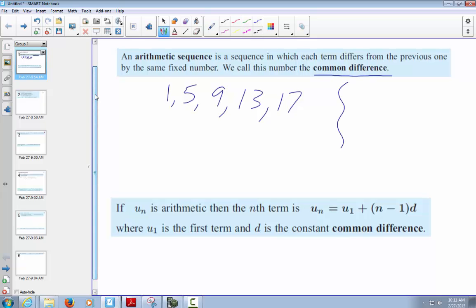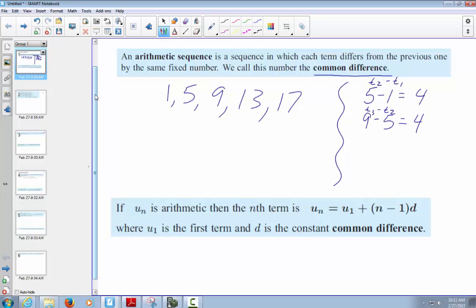The long technical way is to go 5 minus 1 equals 4. 9 minus 5 equals 4. Many people call this T2 minus T1, and then T3 minus T2.